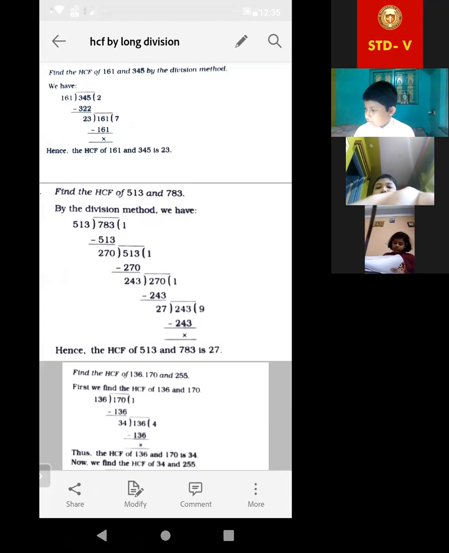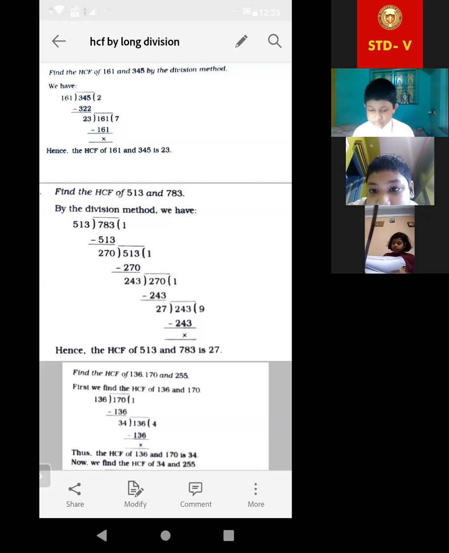Ma'am, it is coming black. But we can see. Then it may be your network issue. The next page is sometimes heavy. Okay, okay, now just don't worry.